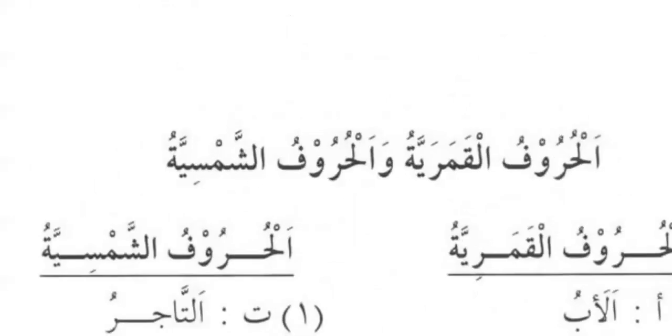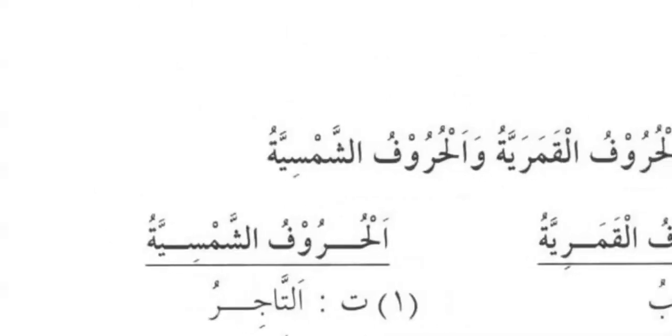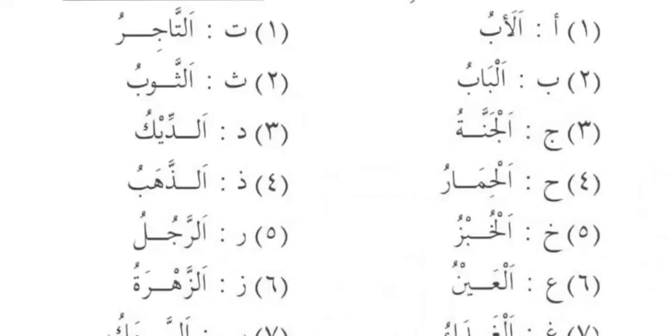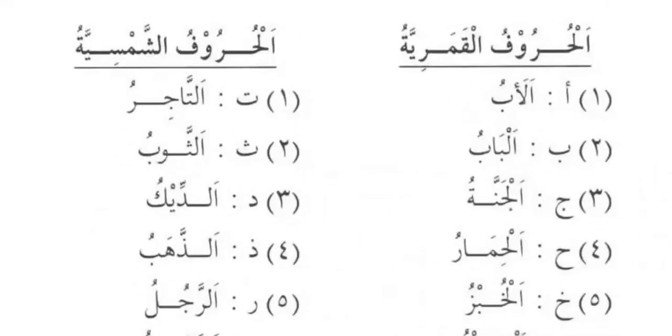I think 28 is excluding alif now. 28 excludes alif. If you add alif, everything becomes 29. Here there is no alif. So everything totally is 29. The number of all Arabic letters is 29, but alif is excluded here.